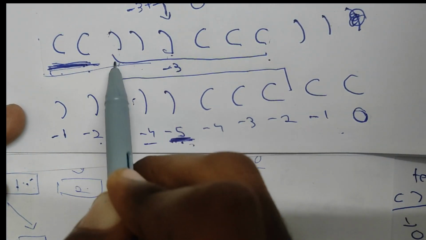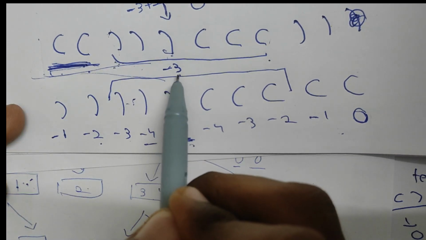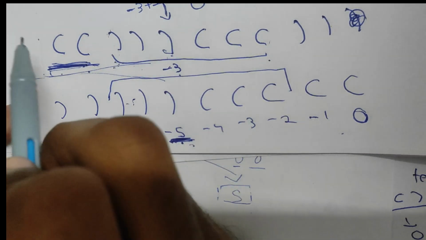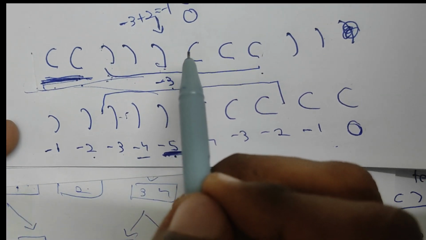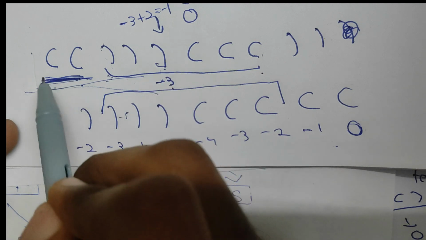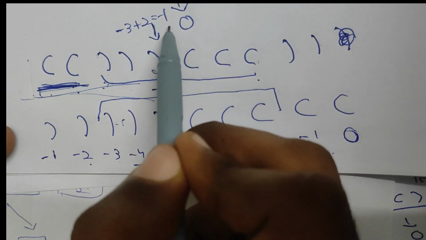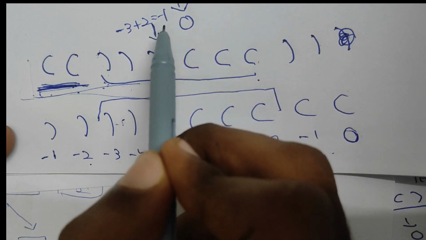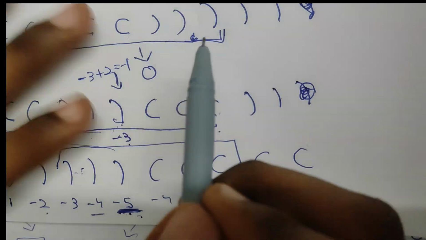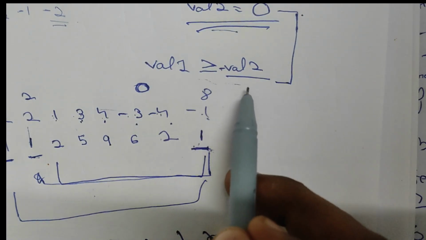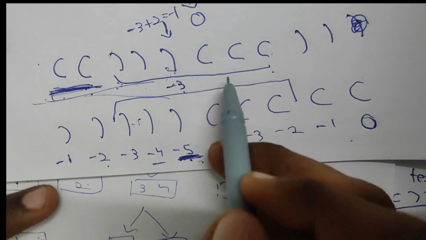So when we start from here, the value will be minus 3, but when we start from here, the value will be minus 1. That's the value that we want to compute, because that's the value that we are checking for. And after we computed that value, since this value is lesser than 0, this condition gets violated and we can't use this particular substring.